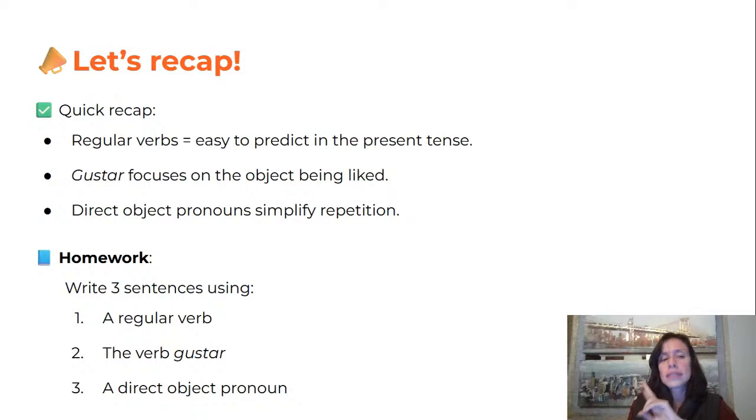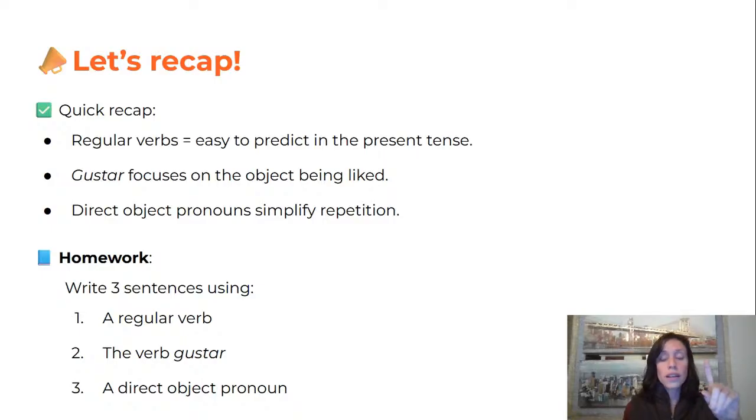Second important point, or second key point, Gustar focuses on the object being liked. Okay? If I like coffee, if I like water, fruits, lasagna, whatever, I will adapt the conjugation of the verb gustar to the object that is liked.